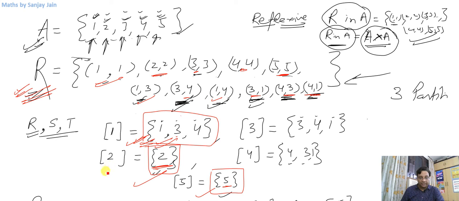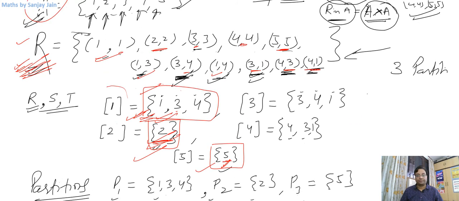When I take the Cartesian product of this set with itself, it will give me one element (2,2), right? When I take the Cartesian product of this with itself, it will give me (5,5). So I've got all of these elements here in this relation. So if I'm given partitions, I can find this relation. And obviously the union of all of these partitions will give me this set A, and the intersection will give me an empty set as there is no common element.